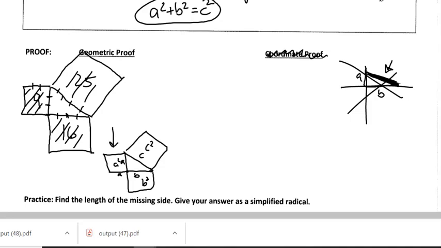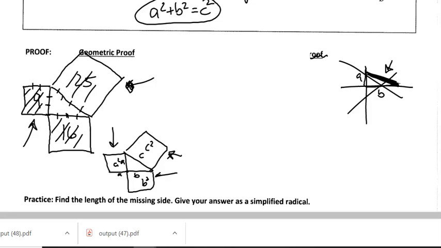The area of this one plus the area of that one will equal the area of that one. Now, the reason why this isn't actually a proof and more of just an example is because when we're dealing with proofs in math, we should really not be using specific numbers, because that's a specific example and it shows it works in this case, but it doesn't show it works in all cases.